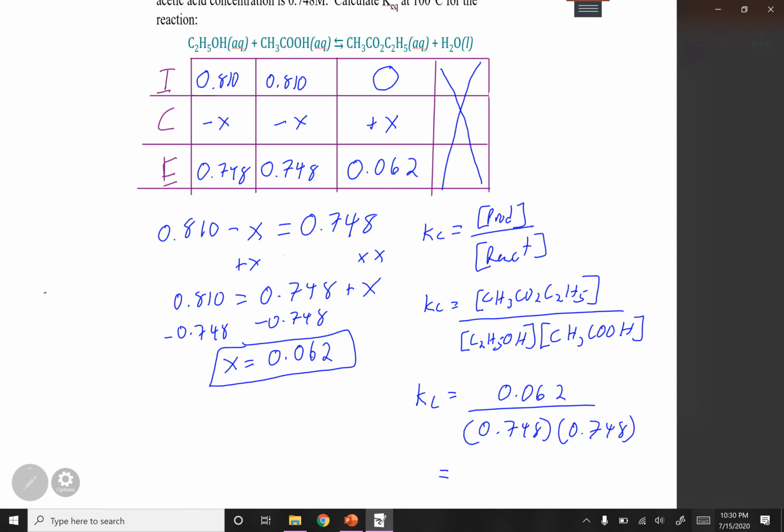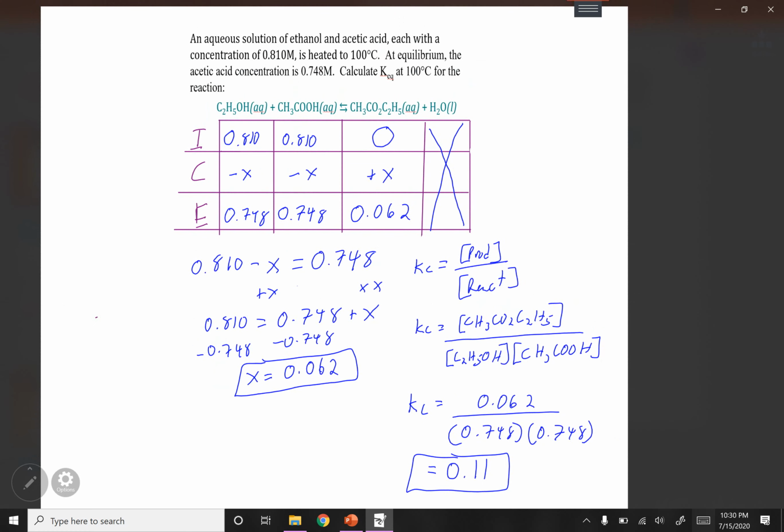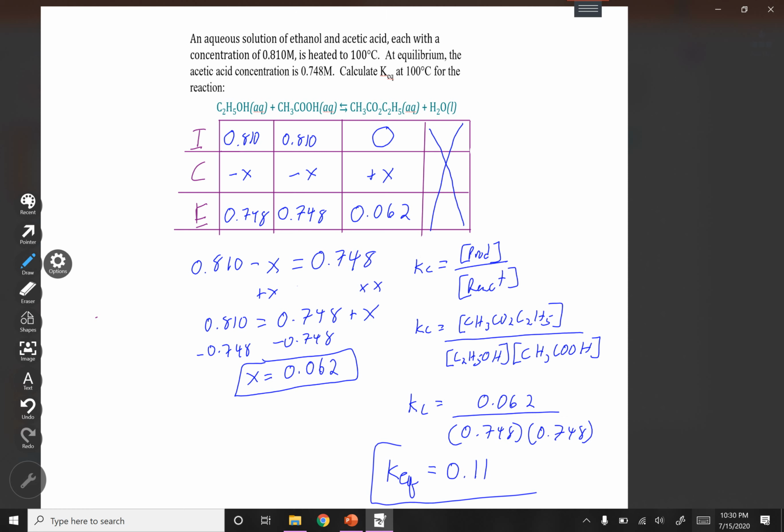And this gives us a Kc equal to 0.11. Does it ask us for anything else? Nope, it just asks us for Keq. So this is Keq or Kc. We could call it either way.